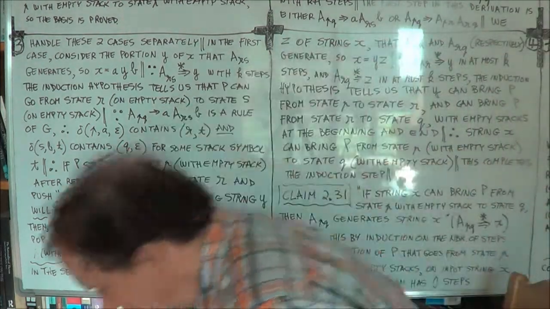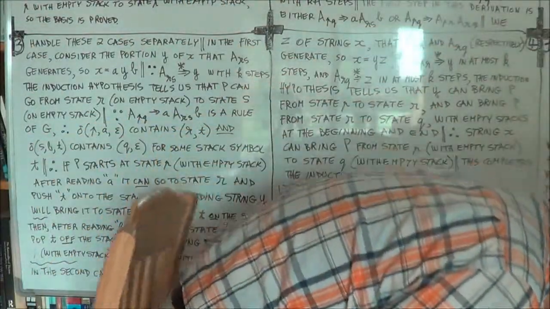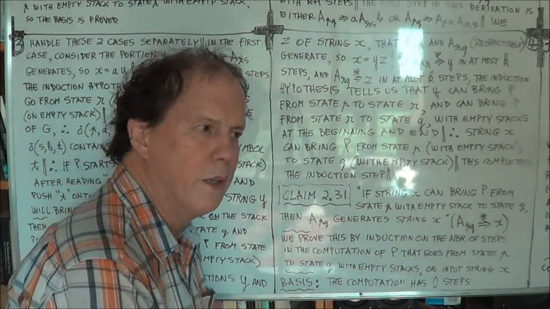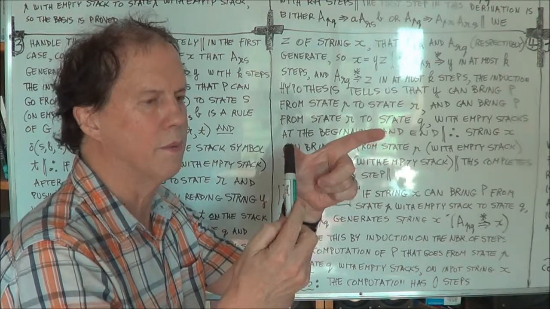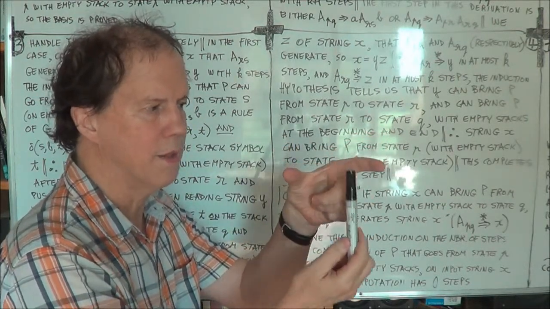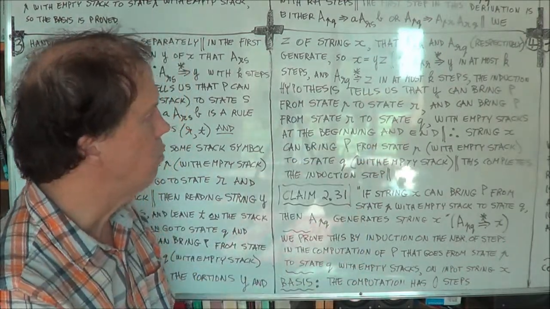Now let's do the other case, when your stack empties between the times when the PDA is in state P and Q. So it's empty some time in the middle of those two moments.